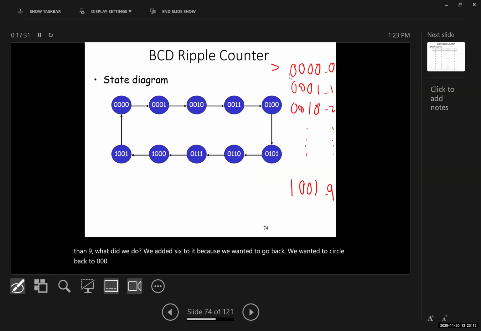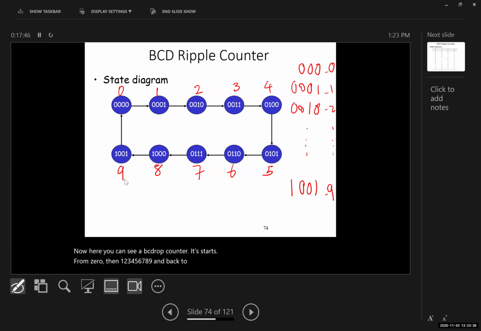Now, here you can see a BCD ripple counter. It starts from 0, then 1, 2, 3, 4, 5, 6, 7, 8, 9, and back to 0. So it's a circle counter.